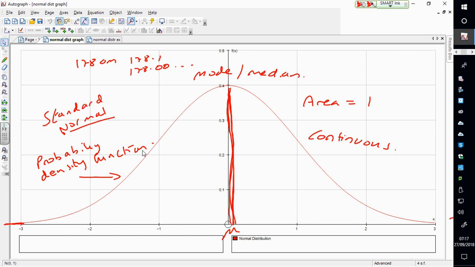So the properties are, the mean is always in the center. You can see for the standard normal that along the bottom here, this is number 1, which is 1 standard deviation away from the mean. This is 2 standard deviations away from the mean, and 3 standard deviations from the mean. Now, why is that interesting?